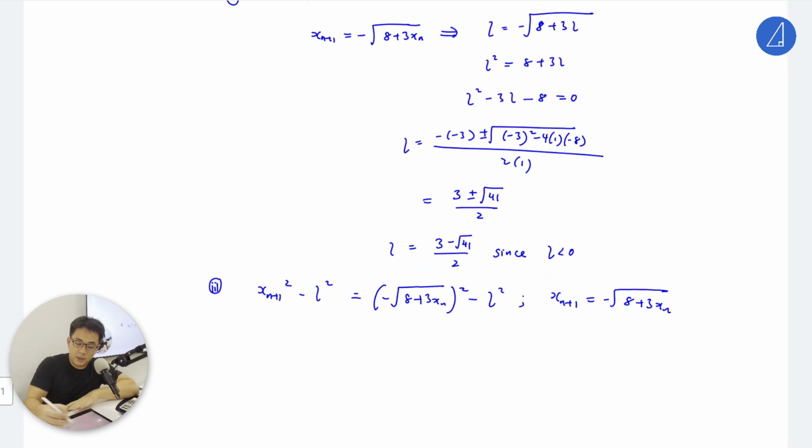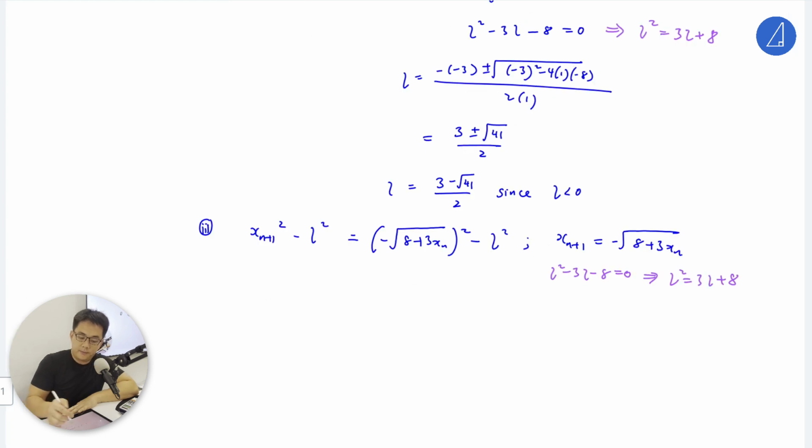So there's another way, which is from here, you know that L square is equals to 3L plus 8. You can just replace it in.